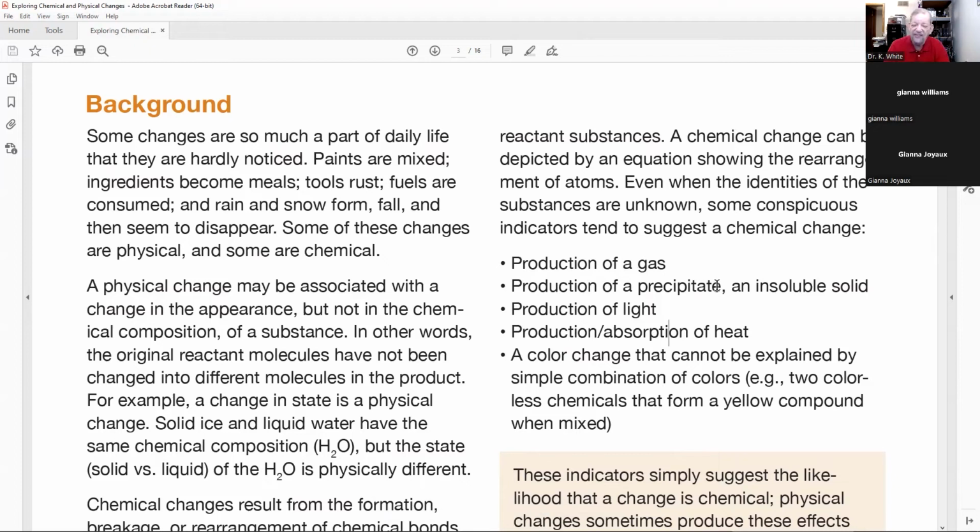But that's a chemical reaction. If it gets cold or hot, production or absorption of heat, temperature goes up, temperature goes down, that's a chemical reaction. If you put two clear things together and the color changes, that's a chemical reaction. You mix two colored things together and it changes, you don't know.